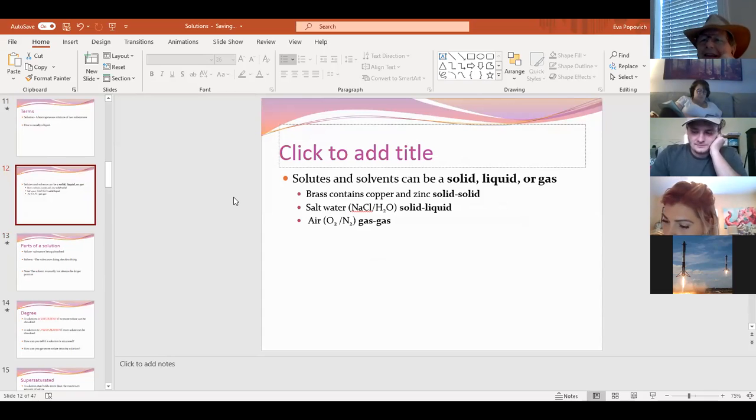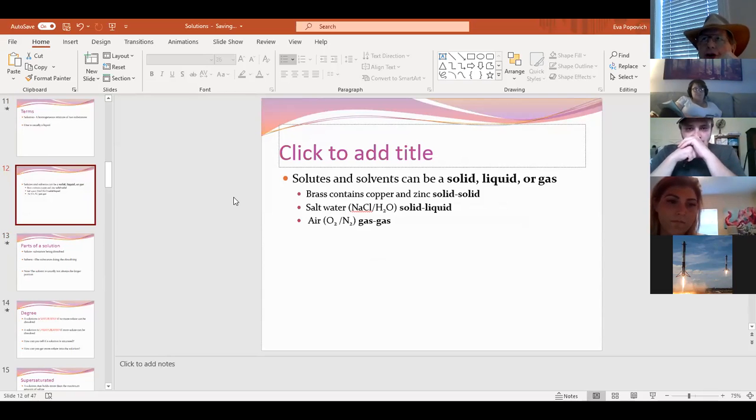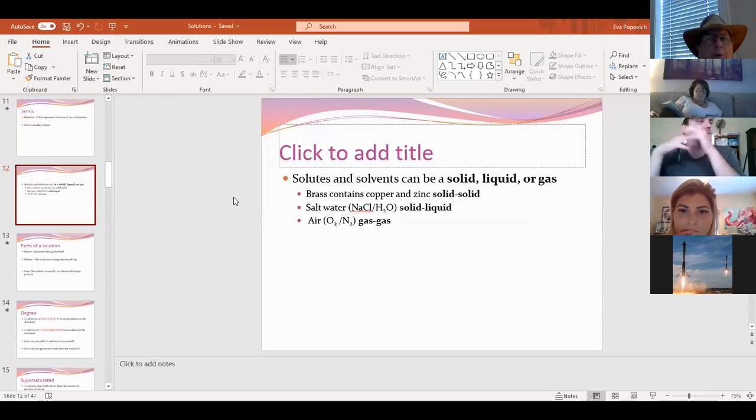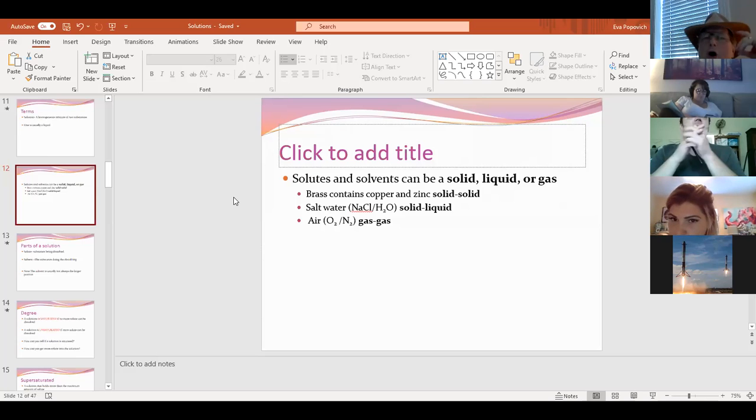What we breathe in is a solution of nitrogen, oxygen, and a whole bunch of other little gases. Brass is a mixture of copper and zinc. It's an alloy, which is nothing more than a solution of two solids.